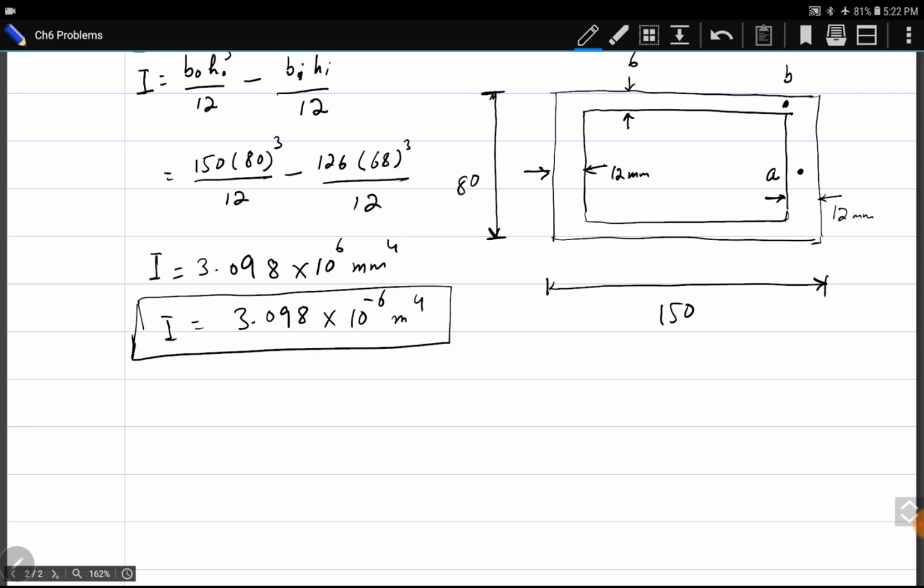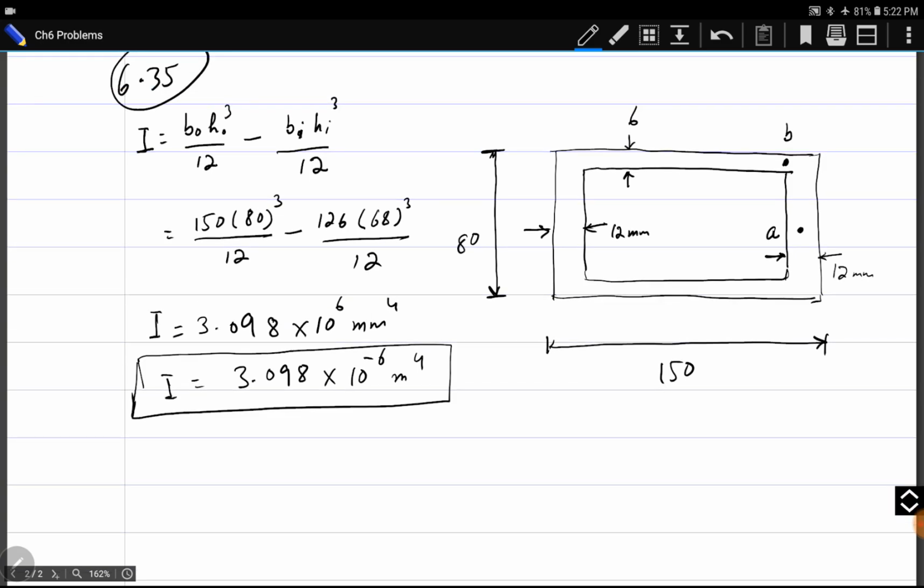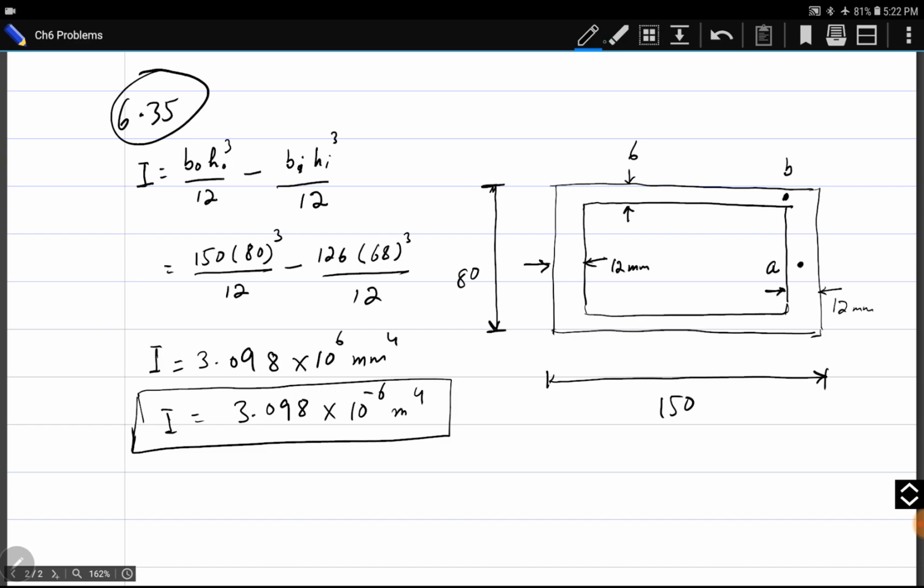For capital Q, first we consider, if this is the midpoint, small q starts from here. We are considering this area.